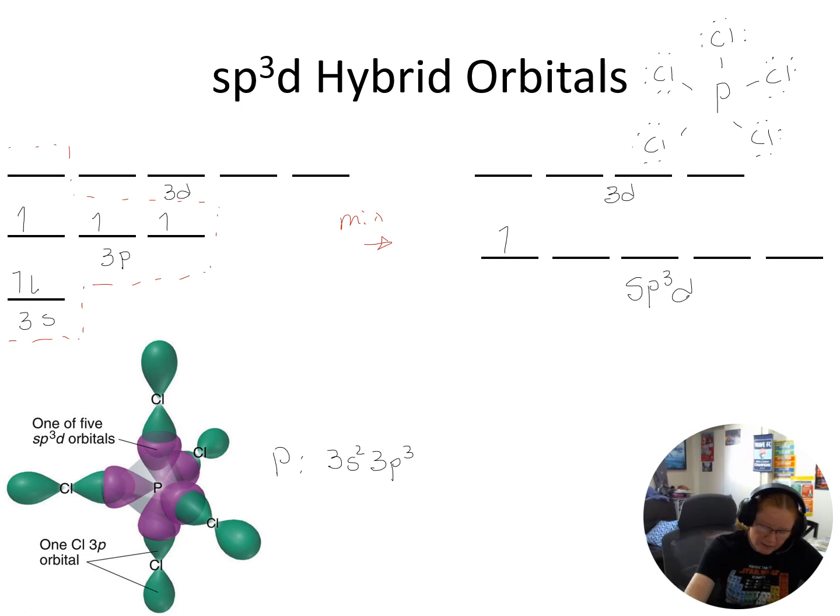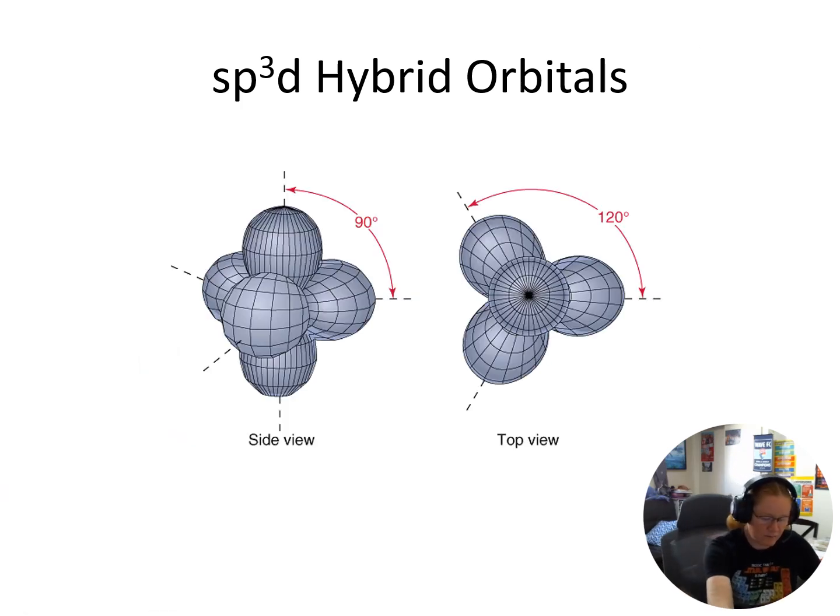So we're going to go 1, 2, 3, 4, 5. So were we able to give a spot for everything? Yeah. And then those 3d orbitals are empty and left over. Okay, and so there's a sketch of what that looks like in 3 dimensions.